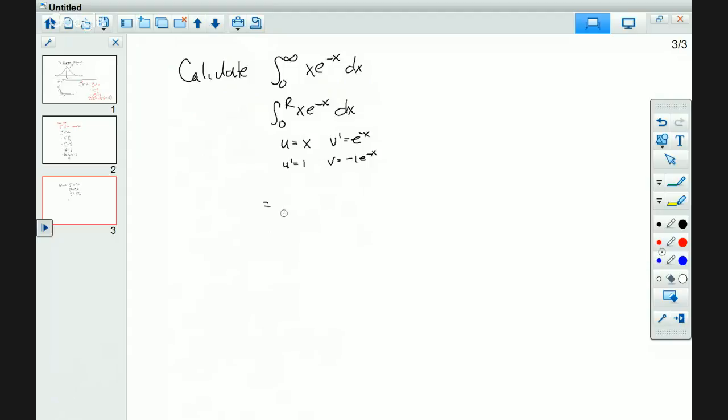Okay, good. All right, so we have uv minus the integral. And we have to evaluate that from 0 to r, because it's part of the integral. And then it's u prime times v, right?